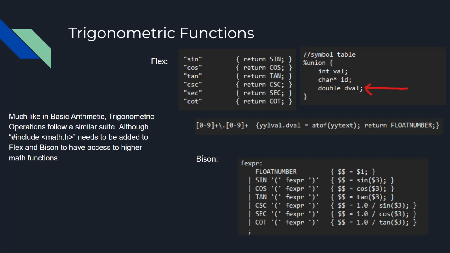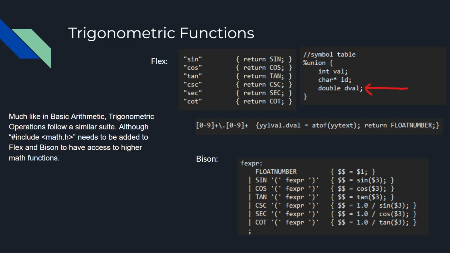So you're able to have like 45.3222222 and so on. And then as we go through, that just allows the user the use of floating point numbers with yylval.dval, and then atof for floating numbers.